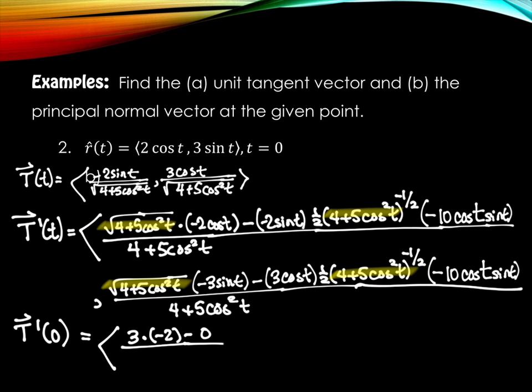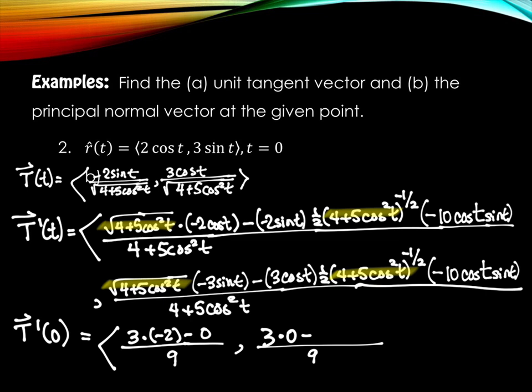The denominator is going to be what? 9. Whoops. Get my tool back up. 9. Second denominator is also a 9. So let's see what happens. I have a 3 again. But on this one, I have negative 3 sine of 0. So this is actually my 0 on this one, right? The other one's not going to necessarily do that for us.